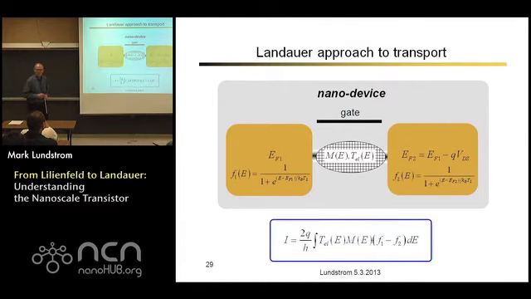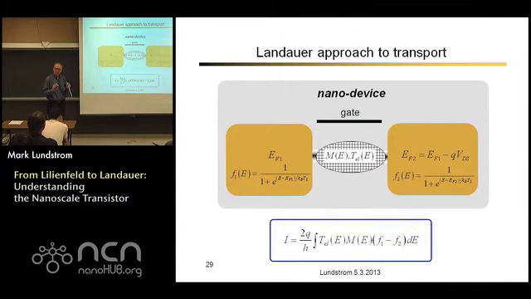And there's a very simple expression that I'm not going to derive, but if you're going to work in this field, you'll want to understand this equation. And it says that the current is proportional to some fundamental constants times T. T is just a number between 0 and 1. It's the probability that if an electron comes in from the source, it'll transmit across and go out the drain.